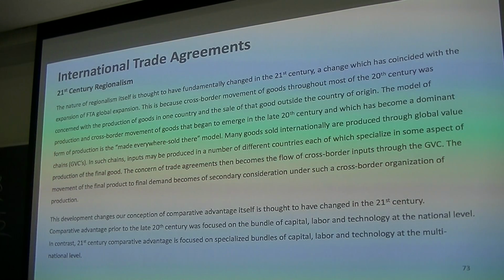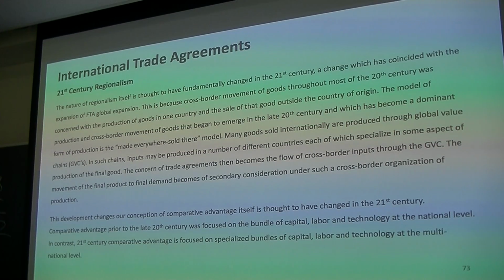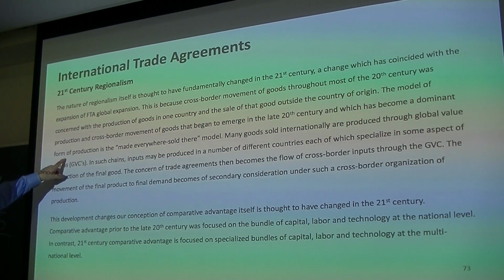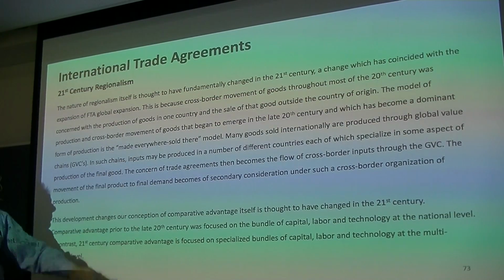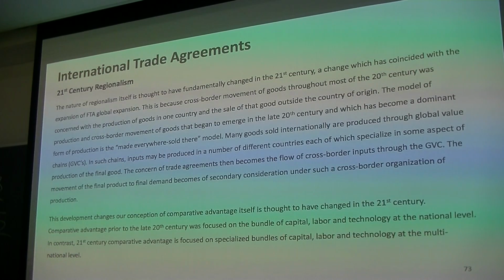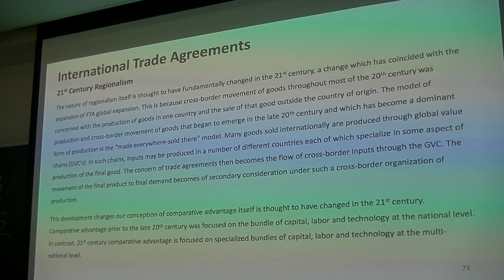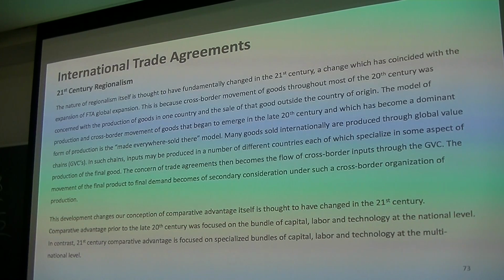But at the end of the 20th century, and in the 21st century, we've seen a change of that. The dominant form of production is what some people call made everywhere and sold, made in many countries and sold in a country.